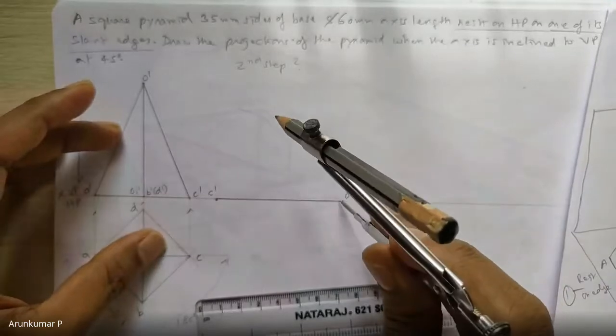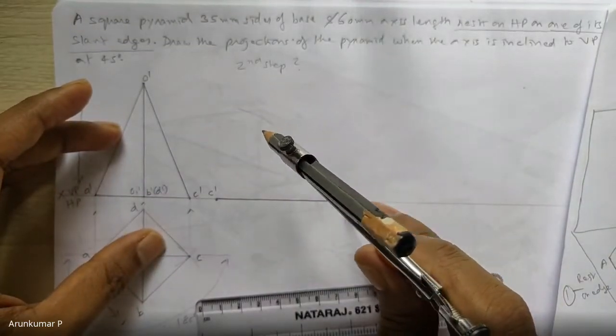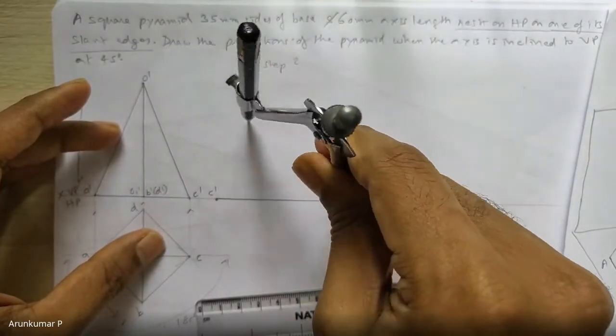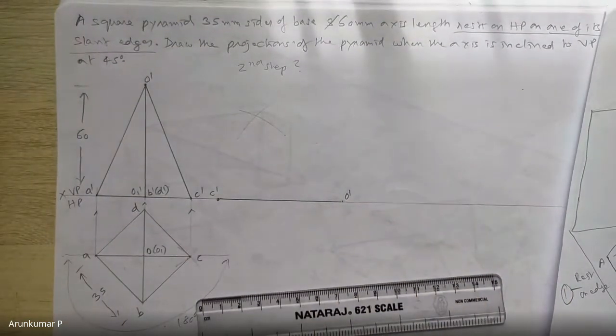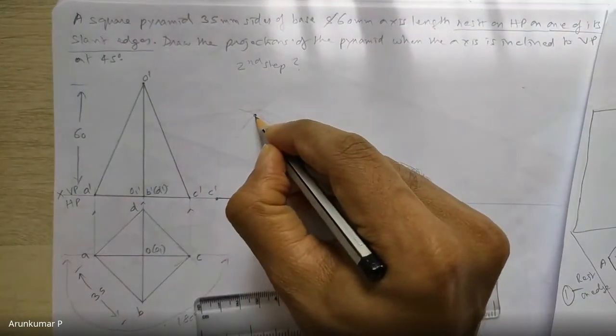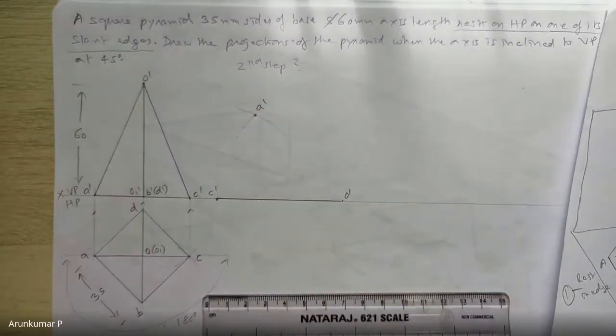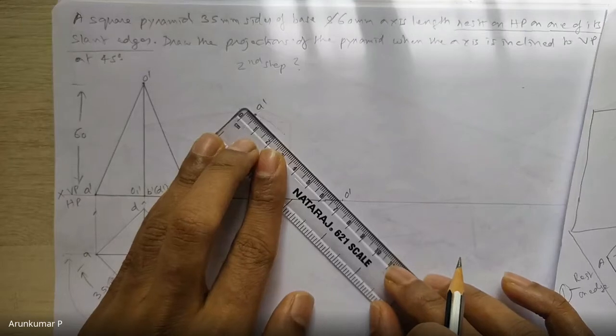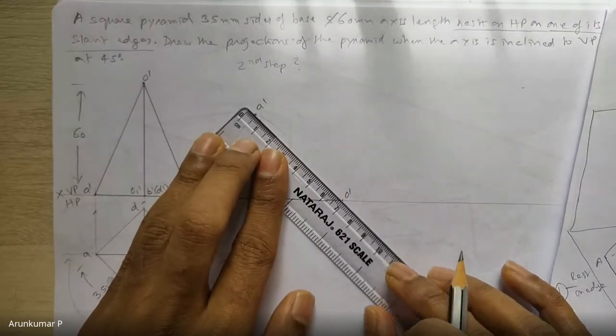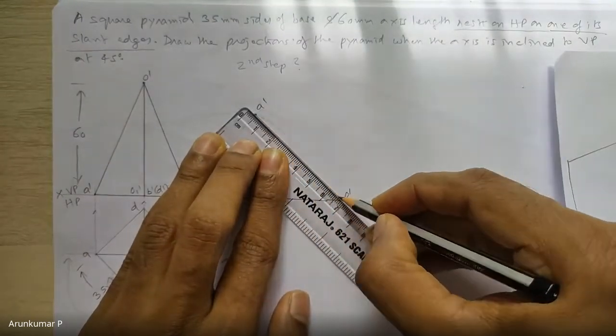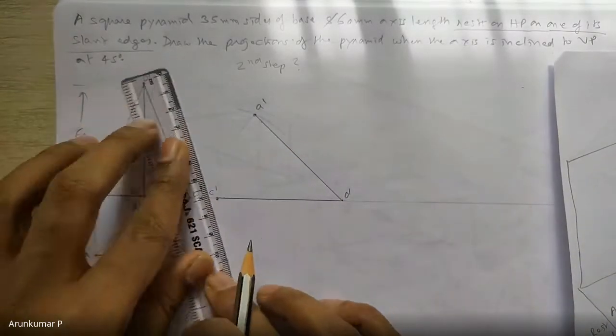So measure this distance and then with O dash as center, radius equal to around 65, cut this. So this point would be A dash. Join them, O dash to A dash and A dash to C dash.